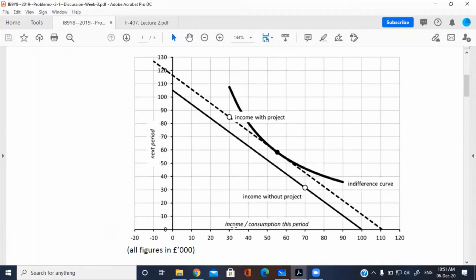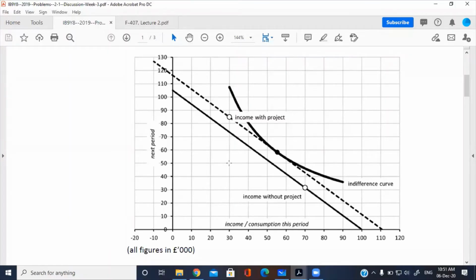That's why the income which is without the project, 70,000, now reduces to 30,000 in the current period after taking the project.